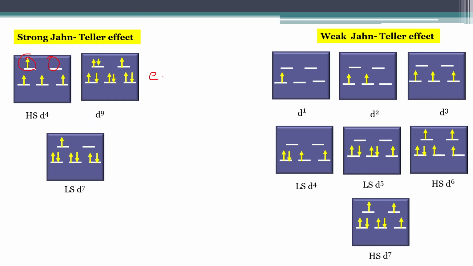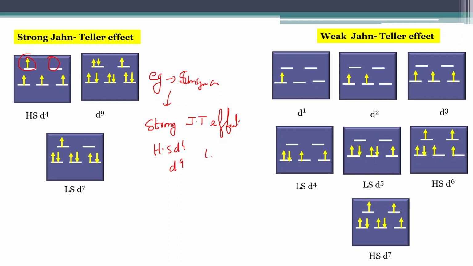If the EG orbital is unsymmetrically arranged, they will show strong Jahn-Teller effect, strong Jahn-Teller distortion. And the only configurations showing strong Jahn-Teller are high spin D4, D9, and low spin D7.